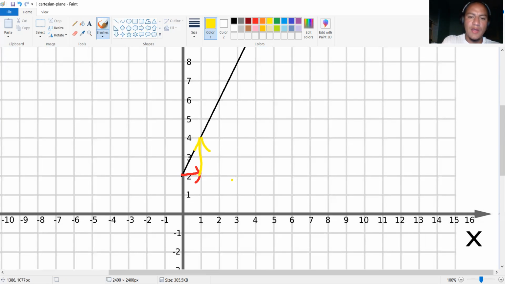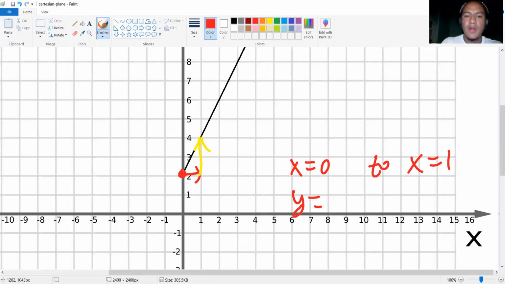We went from x equals 0 to x equals 1, and when x was 0, y was 2. So I'll put y equals 2. And when x is 1, which is right over here, then y equals 4.